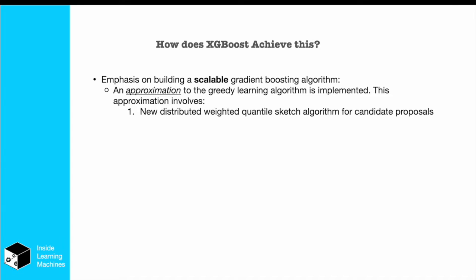This is just an algorithm that is used to propose potential split points, makes a fairly good guess at those split points, instead of having to do this very mechanical, greedy procedure that's normally done with decision trees.